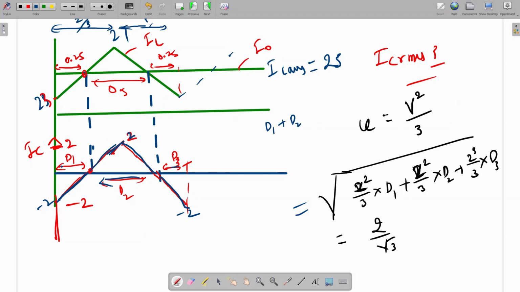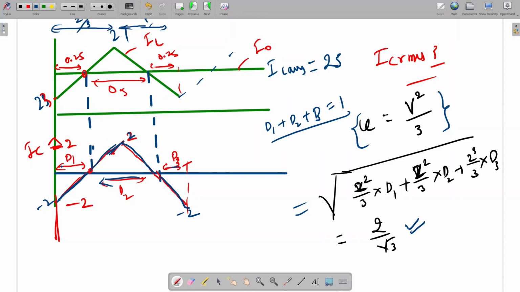So these are three different triangles. What is the U for any triangle? It is Vs square by 3. So it is 2 square by 3 into D1, plus the second triangle also 2 square by 3 into D2, third triangle 2 square by 3 into D3. So 2 by root 3 will be common and D1 plus D2 plus D3 will be 1. So the final answer will be 2 by under root 3.